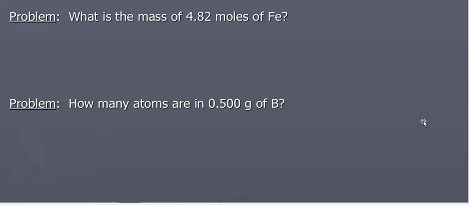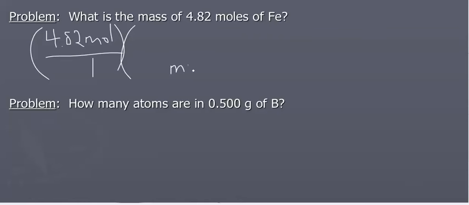What is the mass of 4.82 moles of iron? Start there, 4.82 moles. If I want mass, I want grams. I can get the molar mass of iron from the periodic table. Anytime I'm looking at grams, look in the periodic table, get the molar mass.